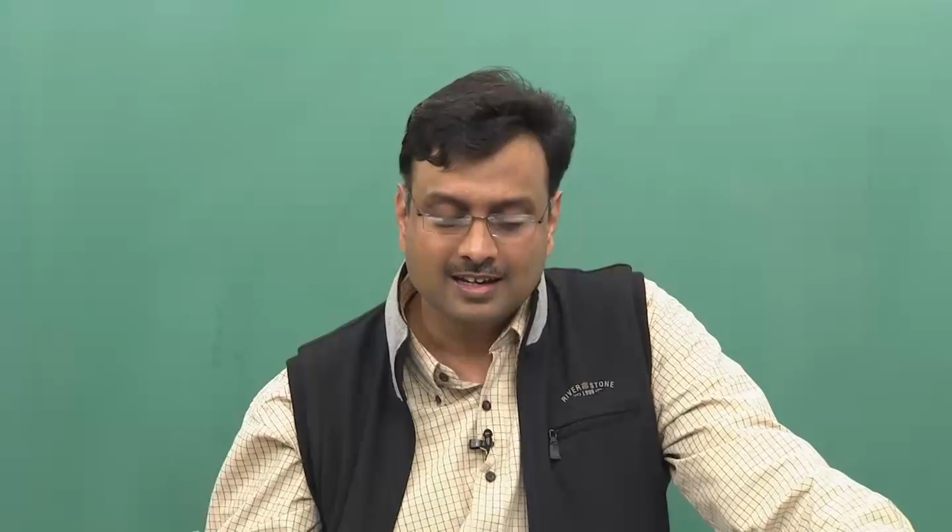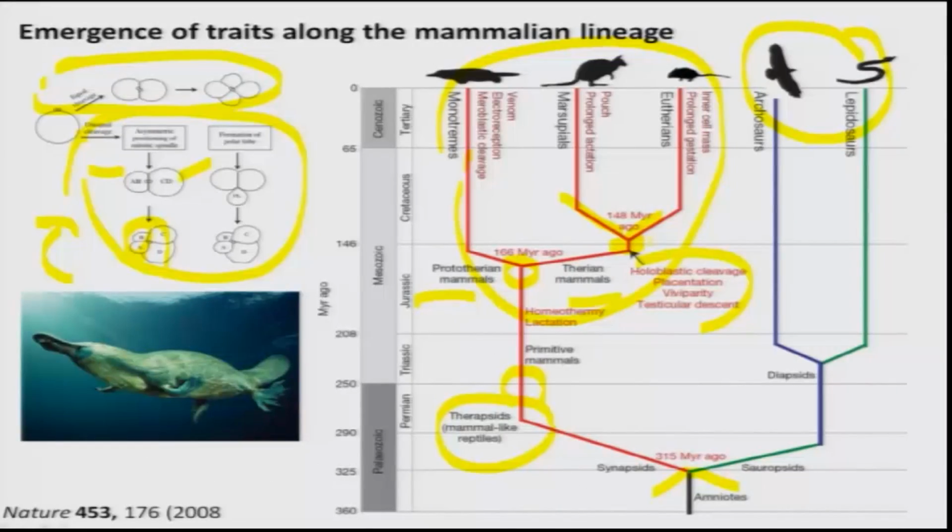Because of that, it need not have such unequal cleavage. So the placentation and possibly the growth of the individual within the mother has helped really to go into a different mode of development. That's what you call placentation, viviparity, right? So these are some other points that really explain.